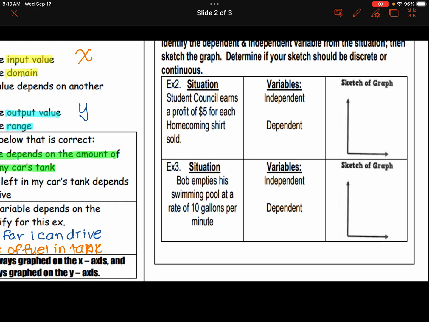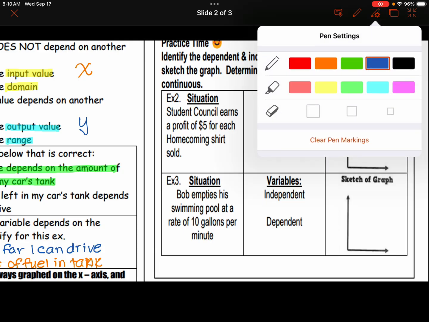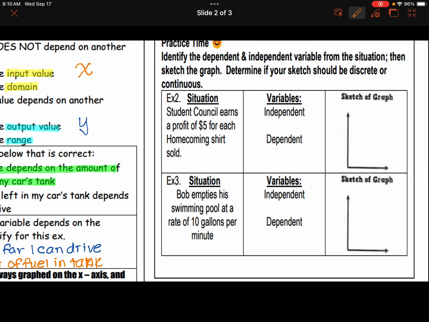So let's look at a couple of scenarios and just kind of sketch out what we think would happen. So student council is going to be selling homecoming t-shirts. Sorry, for money, and they get a $5 profit for every shirt they sell. That is very different than selling them for $5.